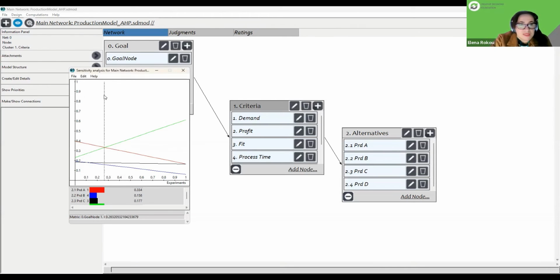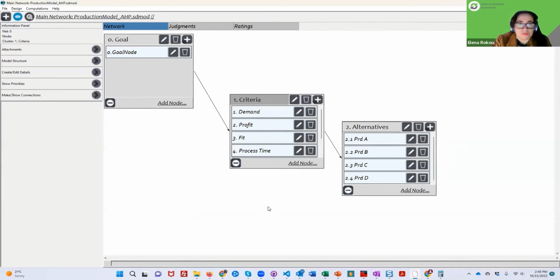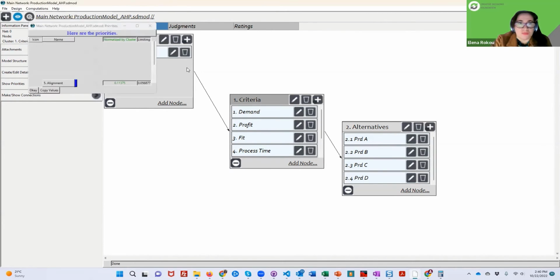It's a nice graph, but it doesn't make much sense unless you know how to use it, right? First thing that you need to do, you need to open up your computation priorities.